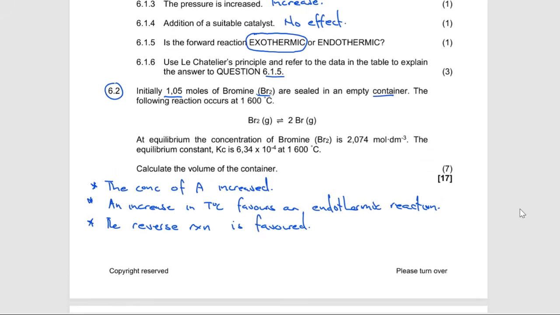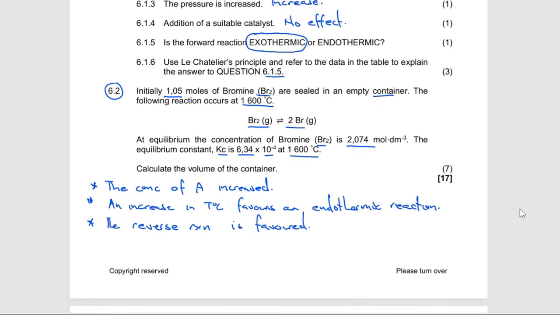The following reaction occurs at 1,600 degrees: Br2 gas reversible to 2Br gas. At equilibrium, the concentration of Br2 is 2,074 mole per dm cubed. The equilibrium constant Kc is 6,34 times 10 to the negative 4 at 1,600 degrees.